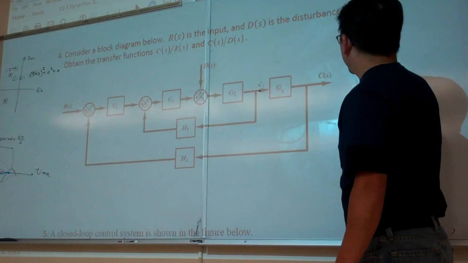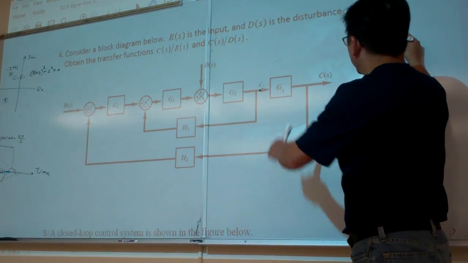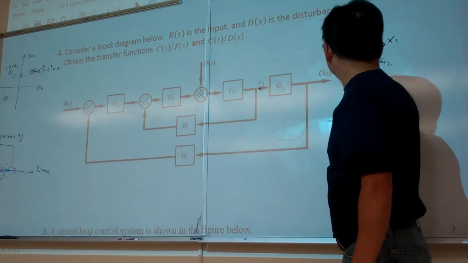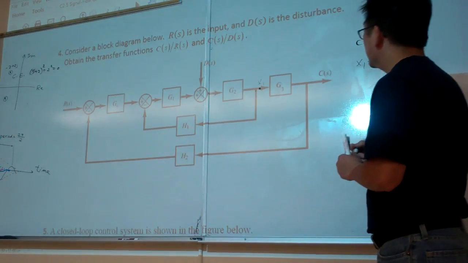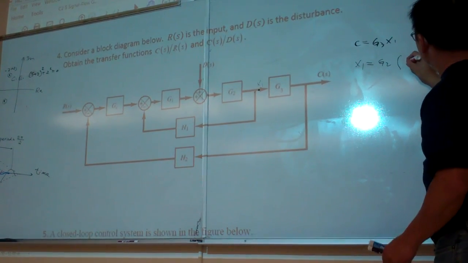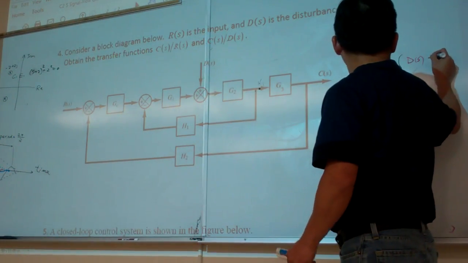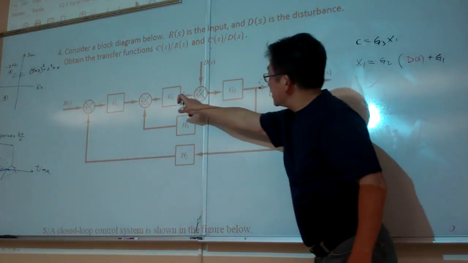So X1 will be equal to G2 times this one. This one will be coming from D, and D is our input, and plus G1, and times this one.